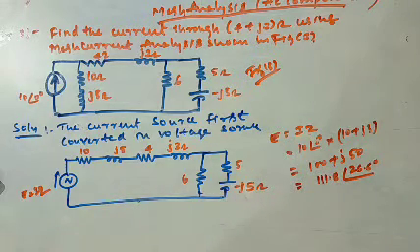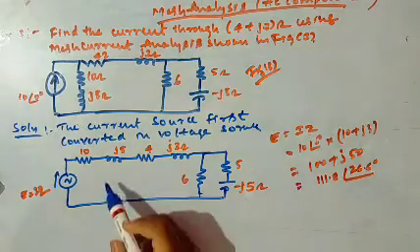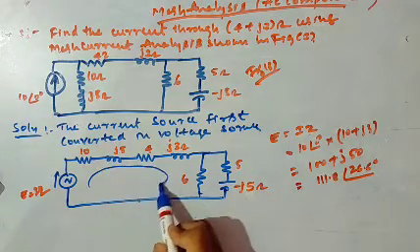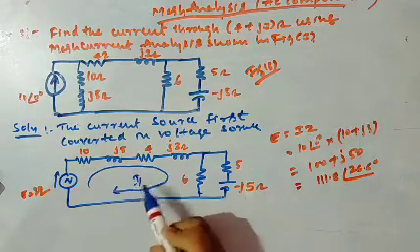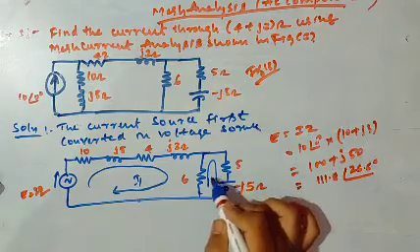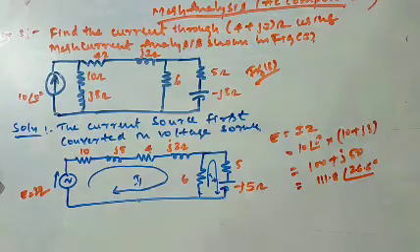Now we write this as mesh 1, and the current through mesh 1 I'll call I1, and mesh 2 current I2, and write down the mesh equations.